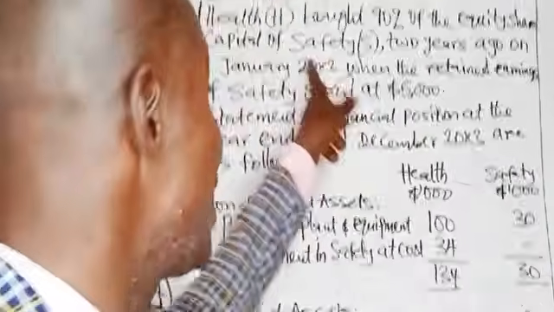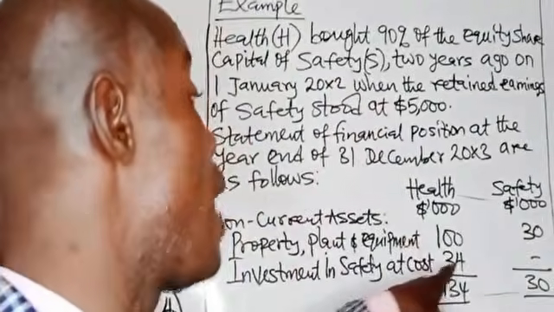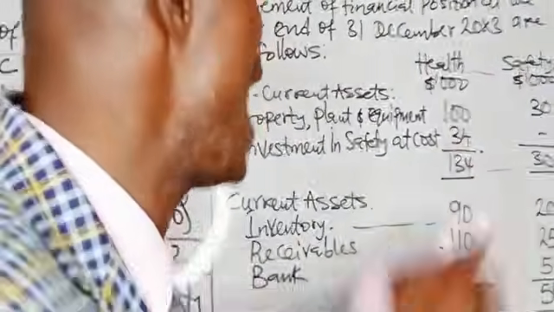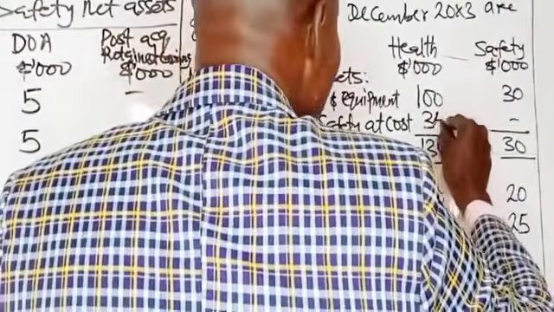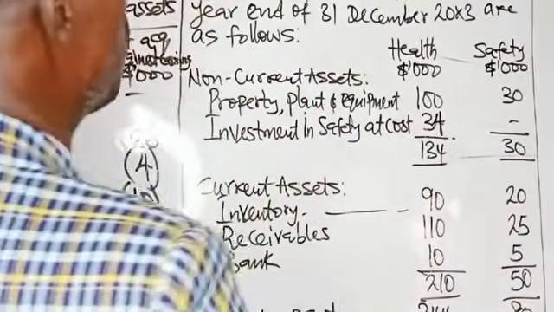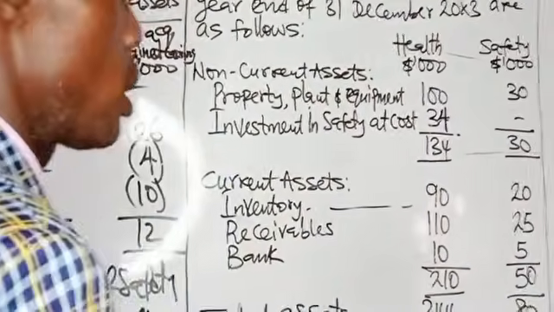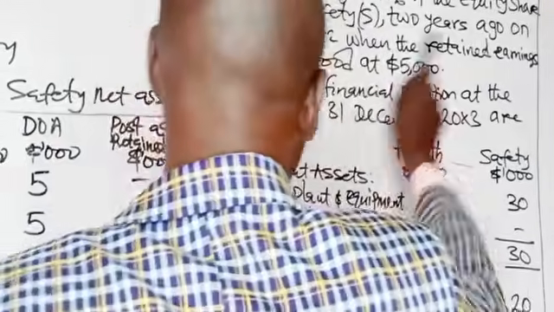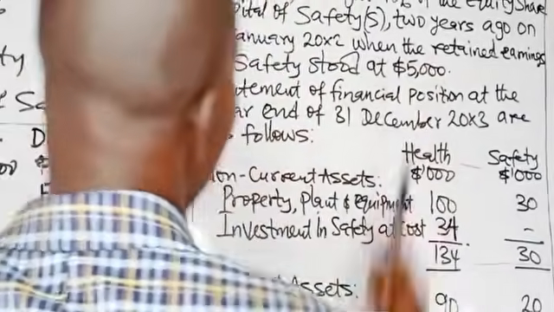Because the consideration given in the note may not always be the same with the one given in the statement of financial position. Where the consideration given in the note doesn't agree with the one given in the statement of financial position, it is the one given in the note that should be used in calculating goodwill. But in this case, there is no purchase consideration given where you have information about acquisition.